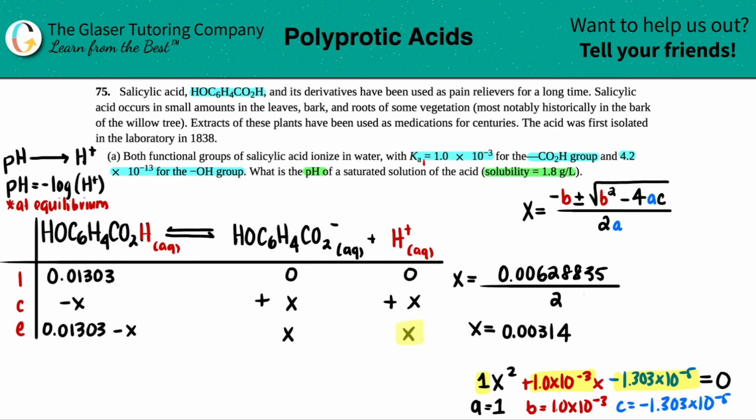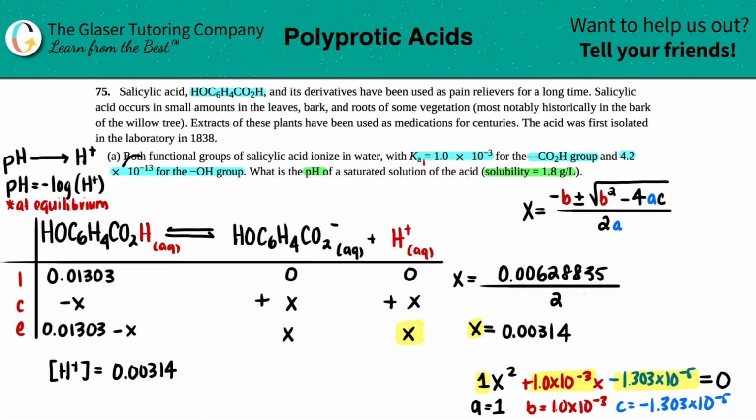And that's what the H plus was. H plus was X. So I know that the H plus concentration is 0.00314. Now technically, since this is a diprotic acid, we should flow through the whole thing again with 4.2 times 10 to the negative 13th.